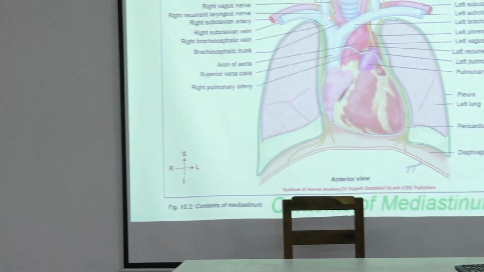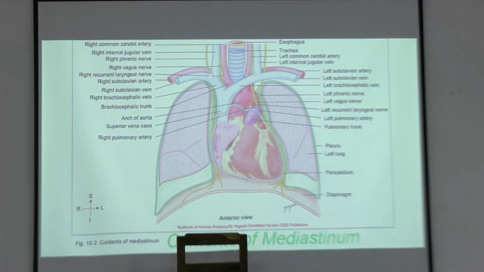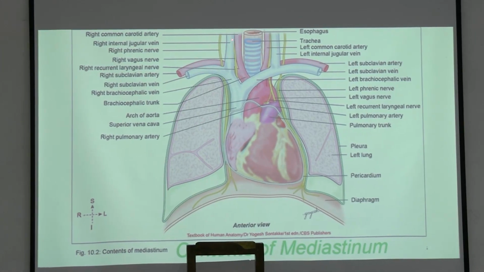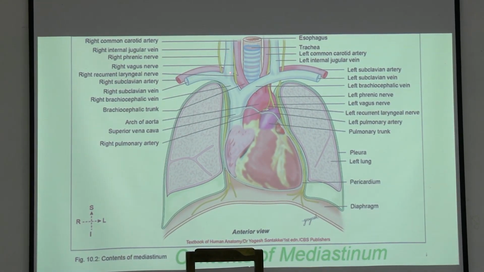Now we can see one vein coming from the head and neck region. Okay, this is the right internal jugular vein, and this is another vein which is coming from the right upper limb. This is the right subclavian vein. So they join to form a big vein, that is the right brachiocephalic.